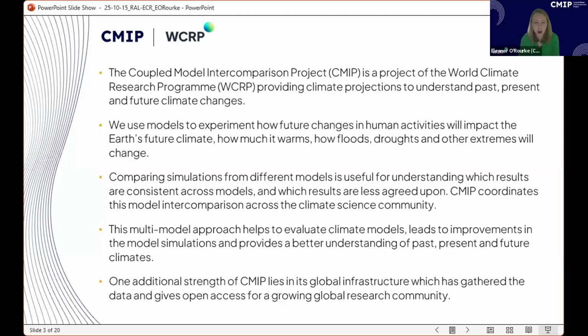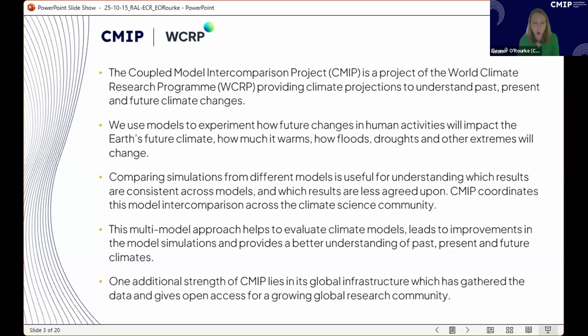When we compare simulations across lots of different models, that helps us understand where results are consistent and where there's perhaps greater certainty, and where the results are much less consistent. So that's things like cloud feedback, which is a particular area of uncertainty, and other major dynamic systems as well.